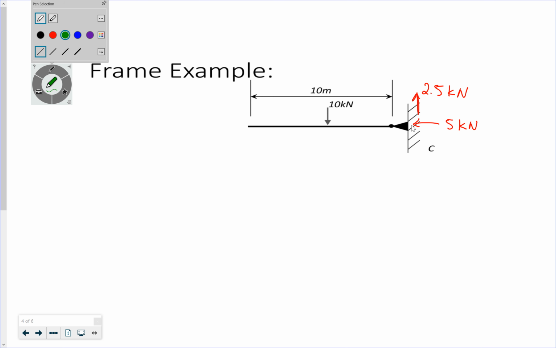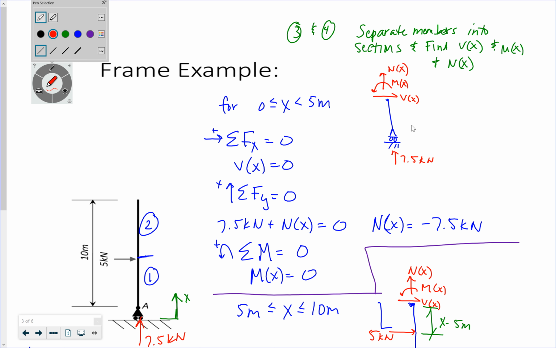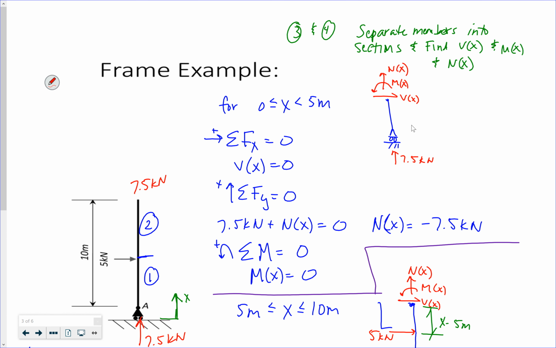Now, one thing I could do might blow your mind. I could just start my x here. If not, I would have to also remember what was going on up there. Actually, technically, I have 7.5 kilonewtons there. Sorry, I'm back at the column.